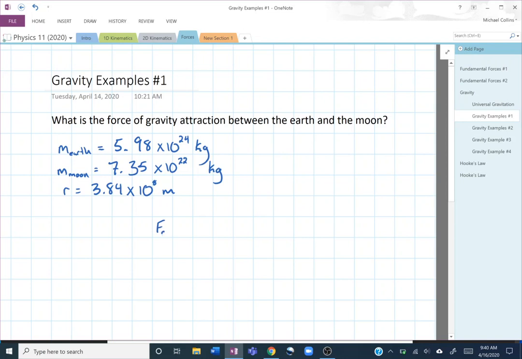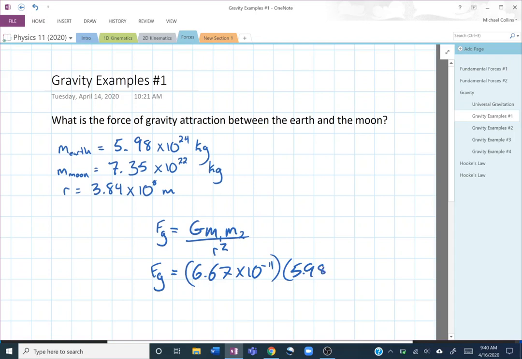So if we set up our equation, Fg is equal to G m1 m2 divided by r squared. Our Fg is then 6.67 times 10 to the negative 11 times my mass. One of my masses is 5.98 times 10 to the 24.